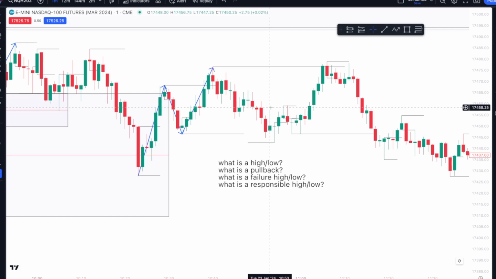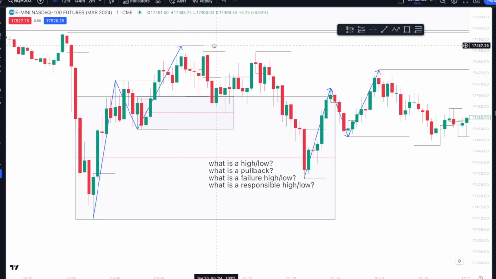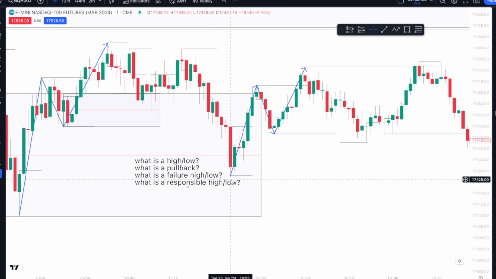What is a failure high or low? A failure low is a low that is unsuccessful in causing the high that it came from to get run. A failure high is a high that is unsuccessful at causing price to run the low that it came from. Like this right here. We have a low that price came from. We have a low that the high came from. The high sends price and it fails to run it. So this is a failure high.